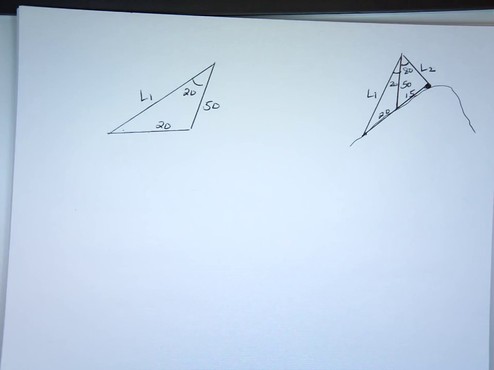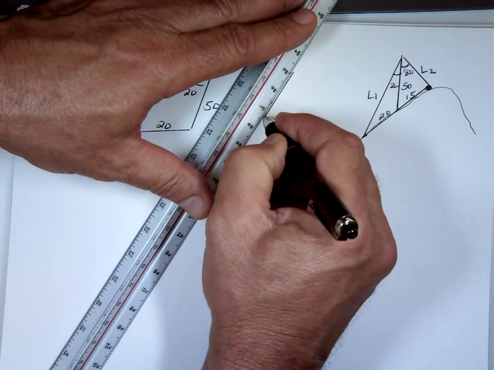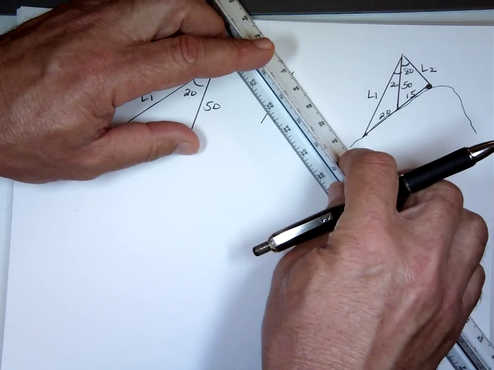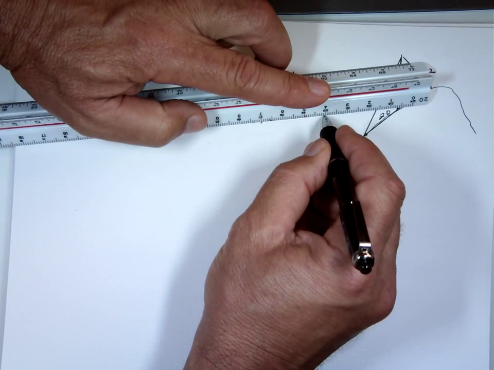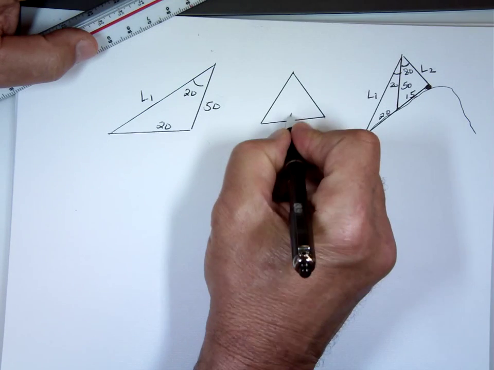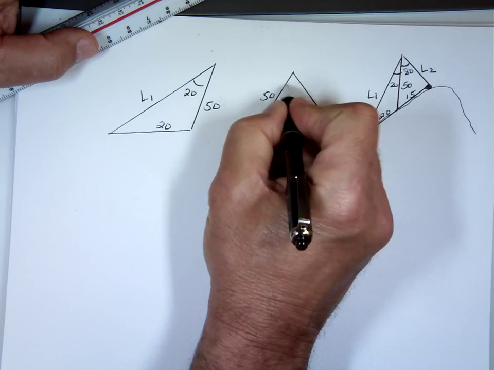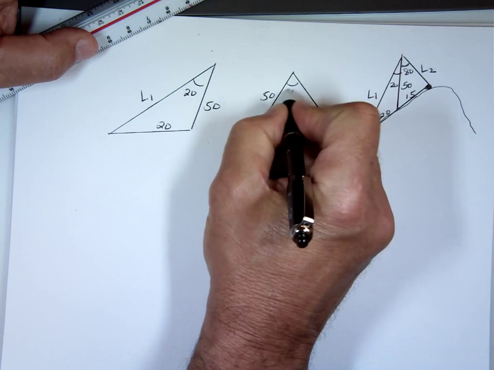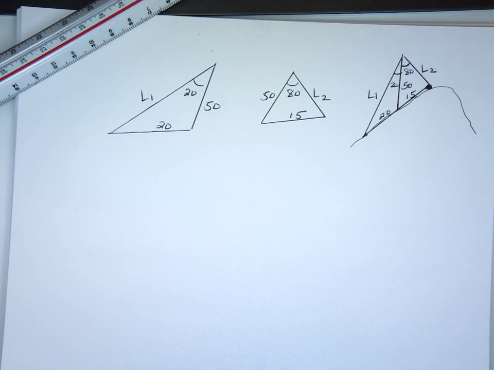And the other tower I have there, the other triangle, I have 15 here, I have 50 here, and I have 80 here. And I need L2. So I got two triangles.